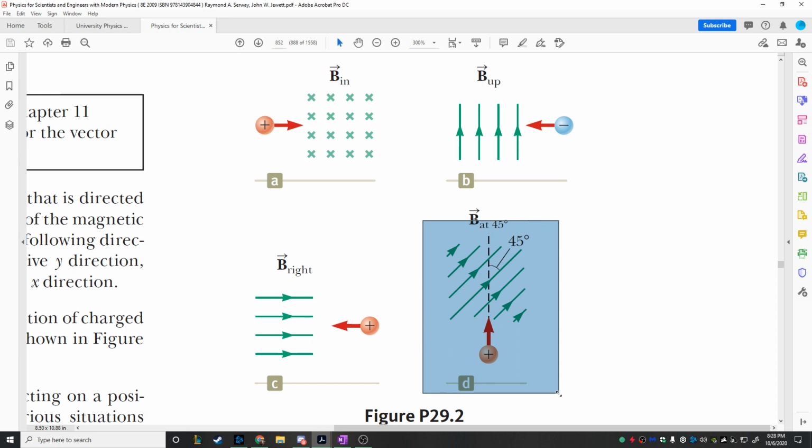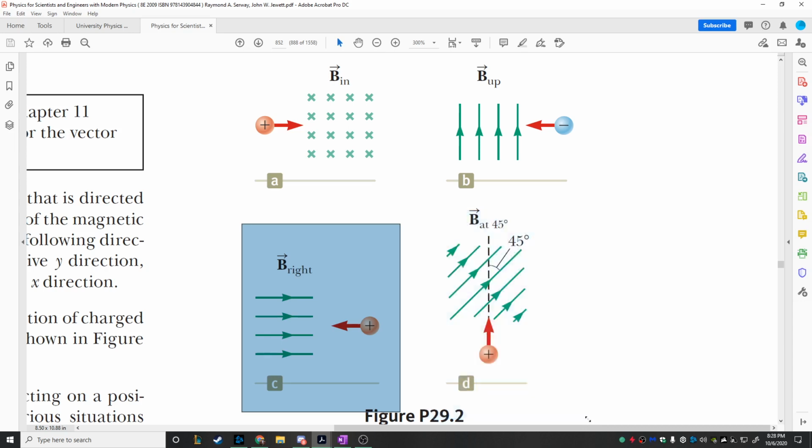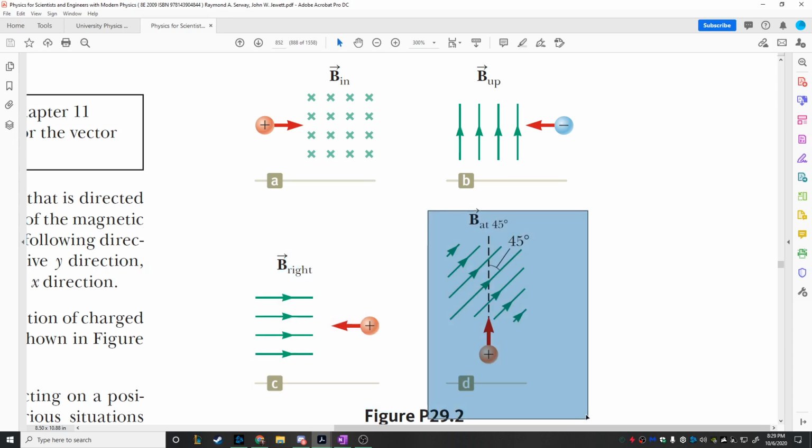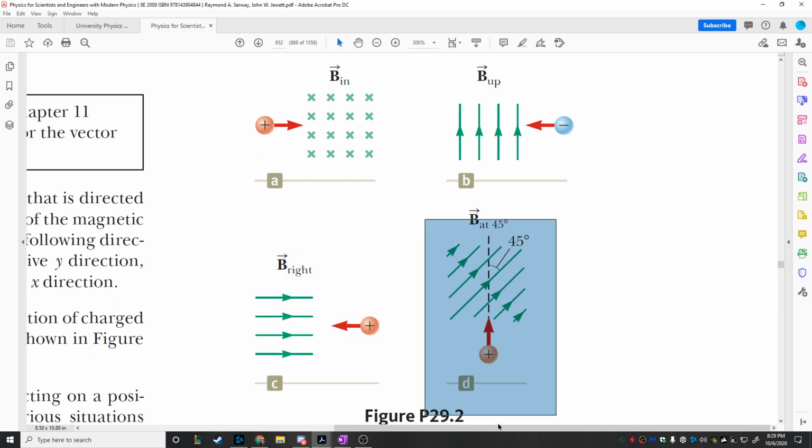You rotate them toward the magnetic field. This one's going to be into the page. So it's out, 0, into the page. All right. Do you have any questions? Does that all make sense?